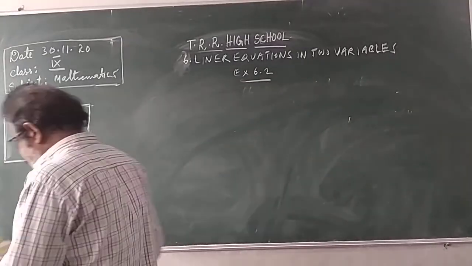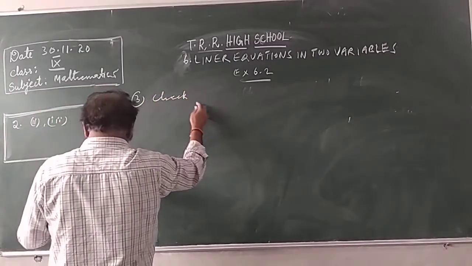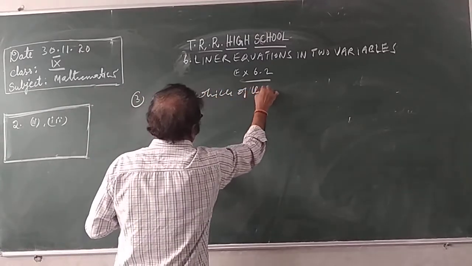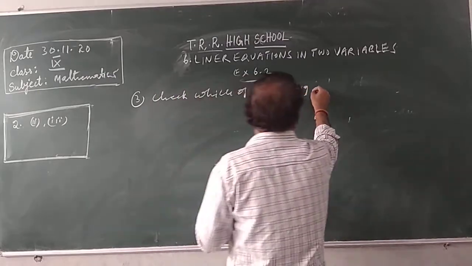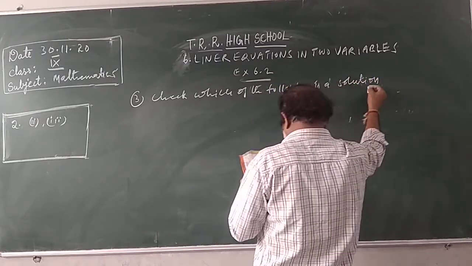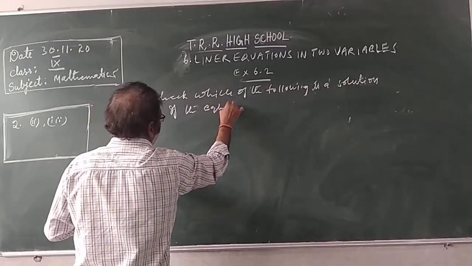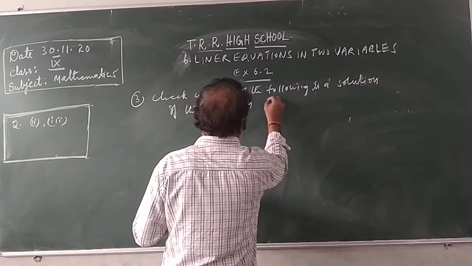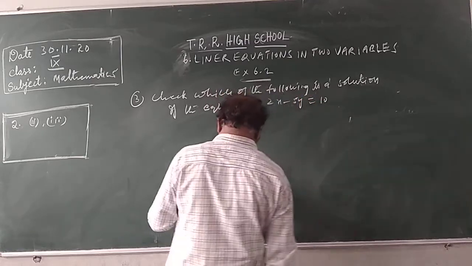Third problem: check which of the following is a solution of the equation 2x minus 5y is equal to 10.